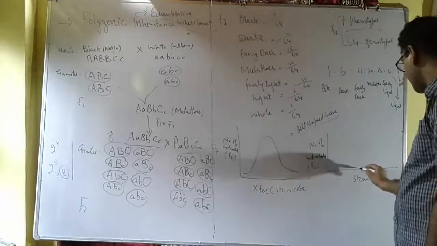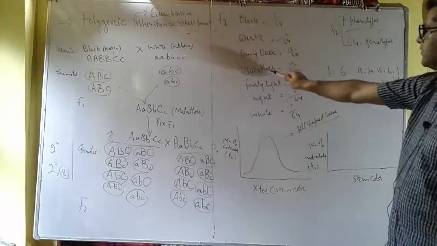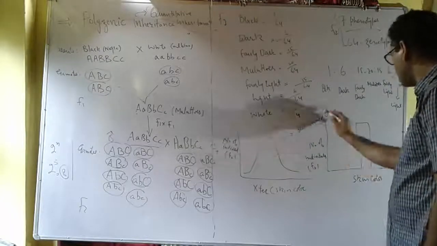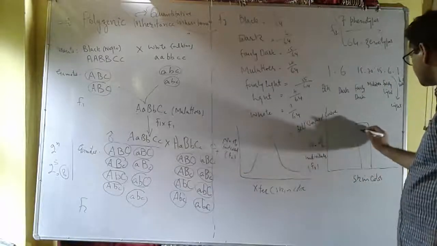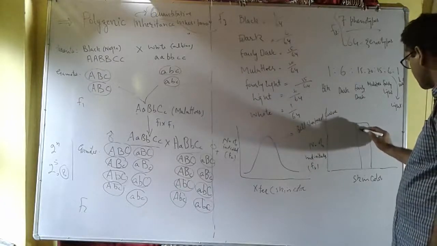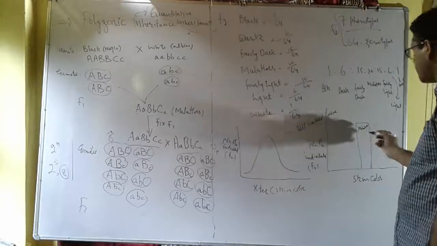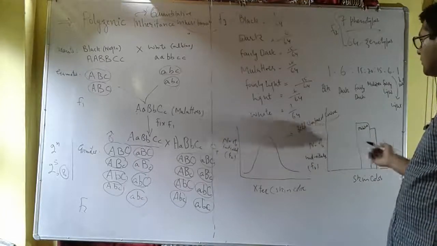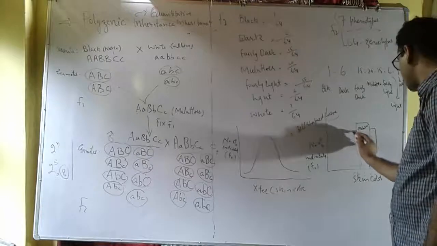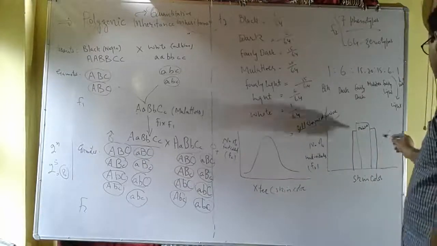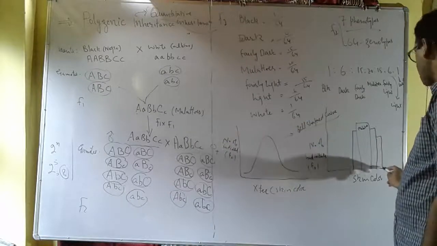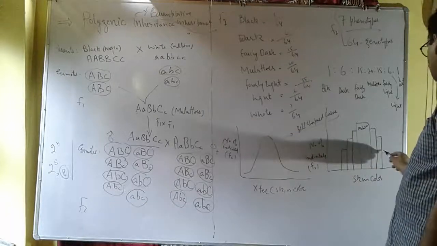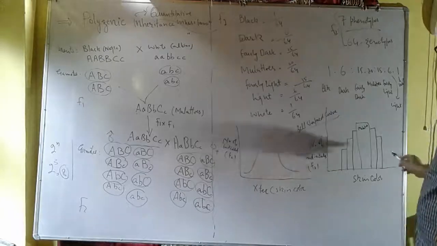Then we have the more frequent mulattoes, then fairly dark, then light, then dark, then black, and this is white.